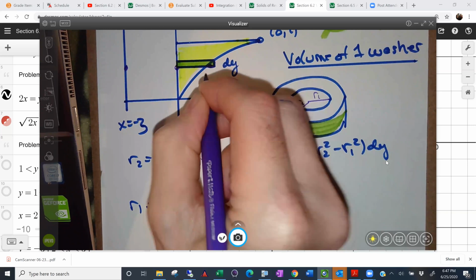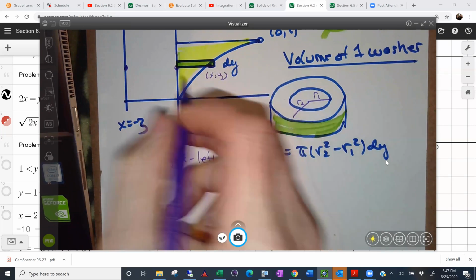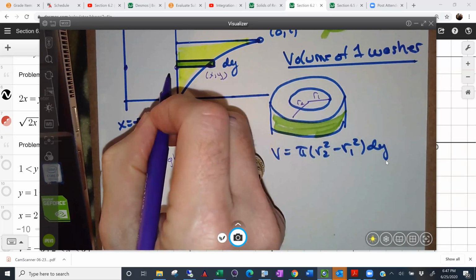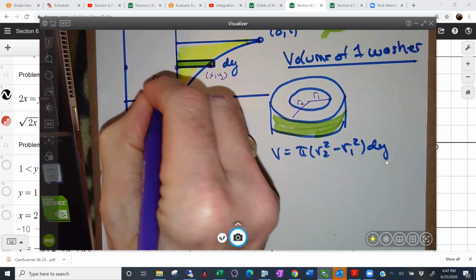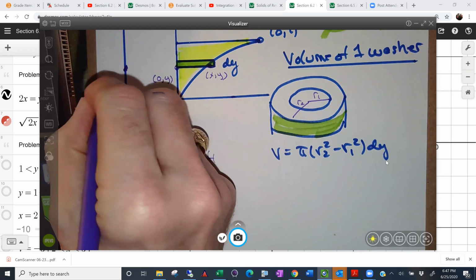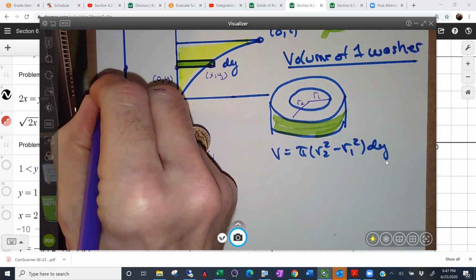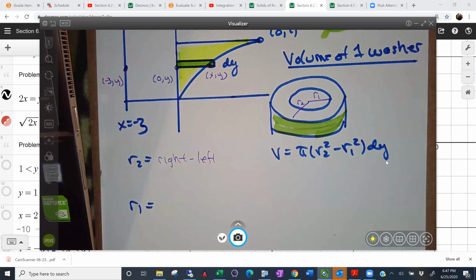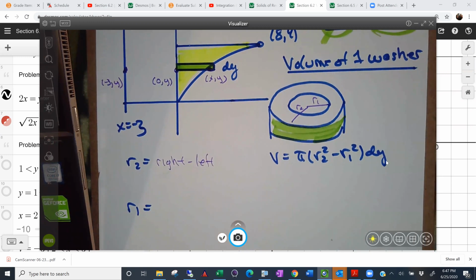I'll start with a general point, x, y here. But when I move over to the y-axis, my point becomes 0 on y. And when I move over here even further, it becomes -3 on y. And the reason I put those there is just to help me figure out my radii.